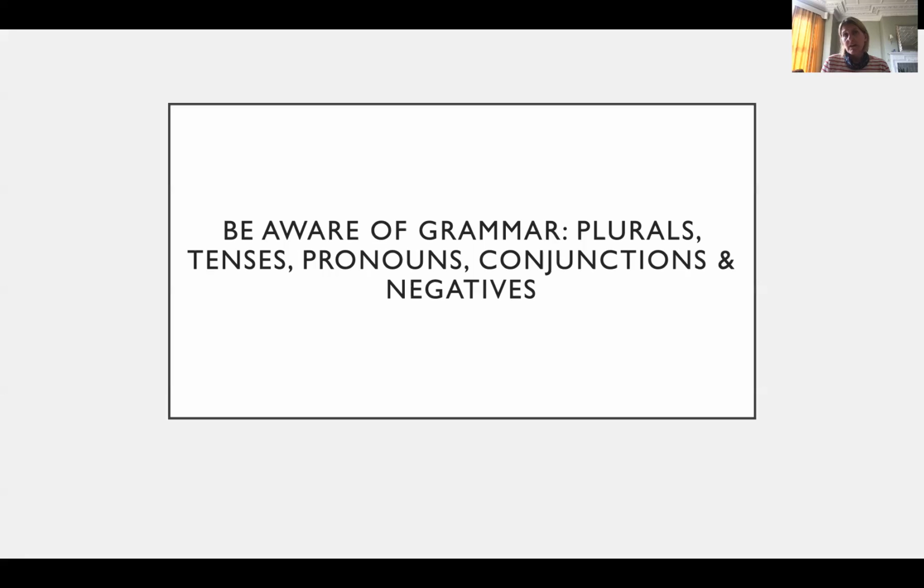Pronouns is one people notice where children have got skill gaps and immaturities with their use of pronouns. So again, it's quite normal in language development that children will say me instead of I, and then it will morph into the adult use of I, and then we'll say him instead of he, and then it becomes he.